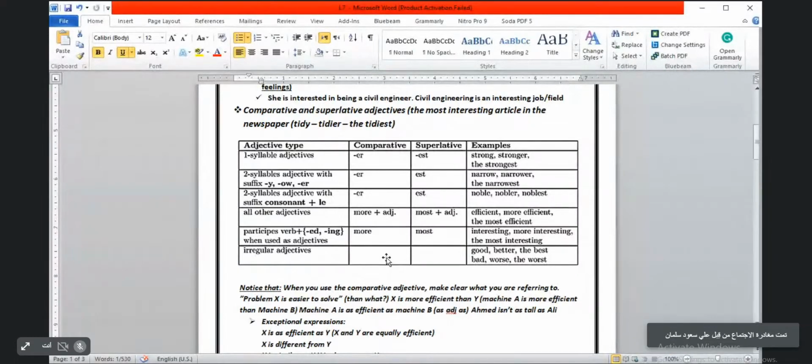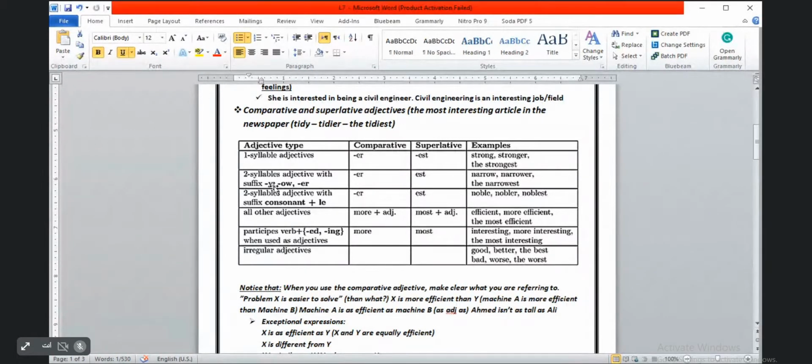So let's talk about the different cases for comparative and superlative adjectives. The first case, if you have one syllable adjectives, small adjectives, like small, short, tall, long, big.